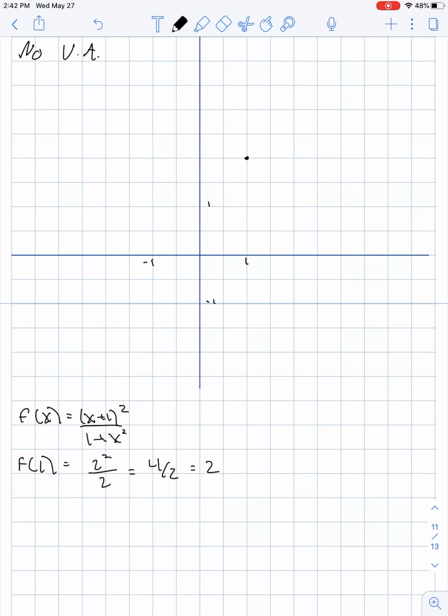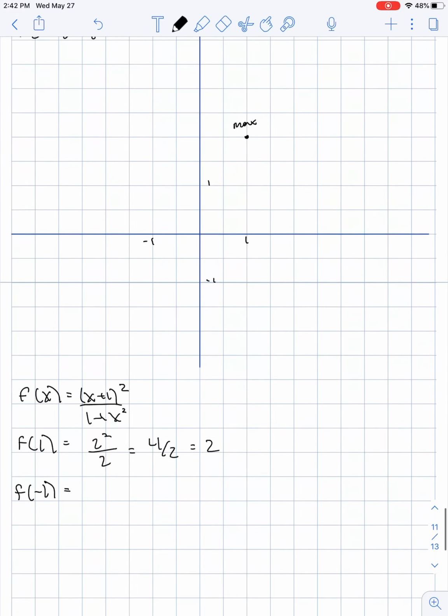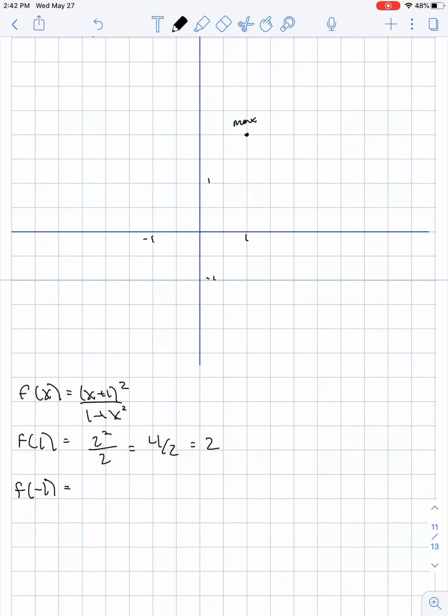So 1, 2. So that was our max. F of -1, that's going to give me 0 over 2, which is just 0. That's nice.